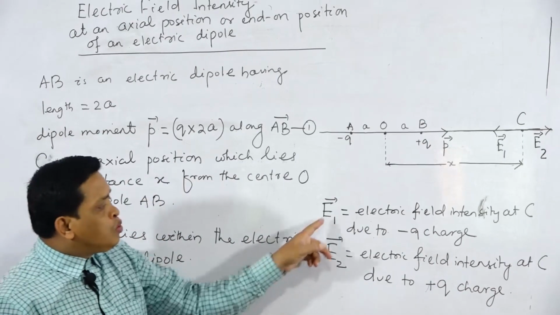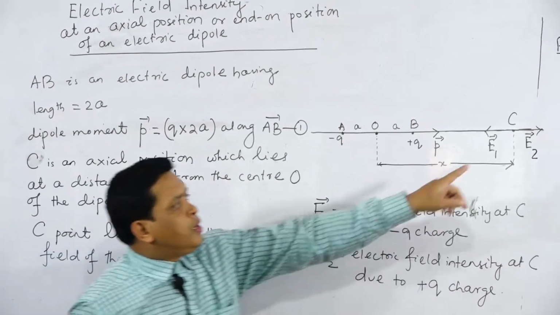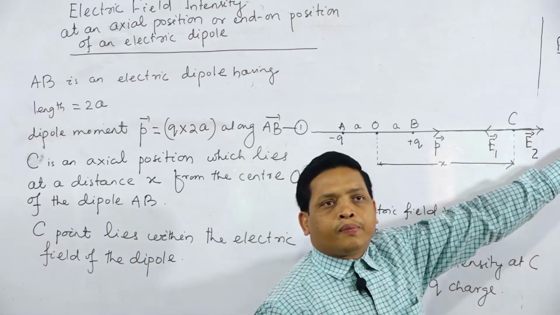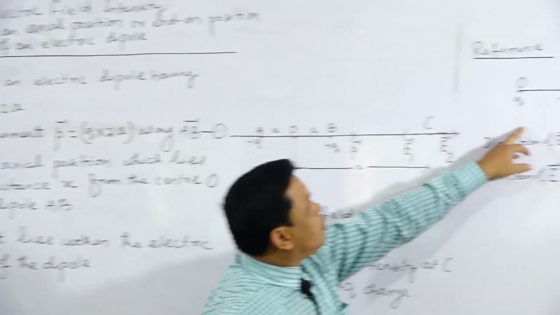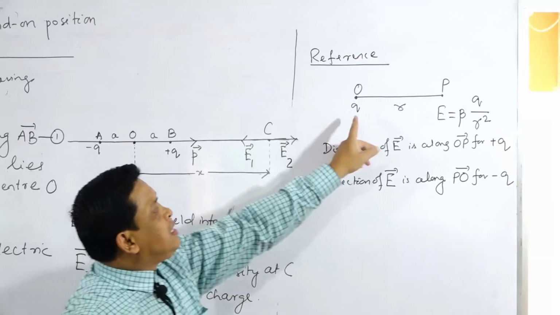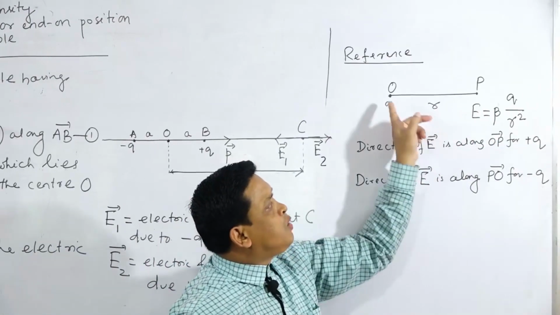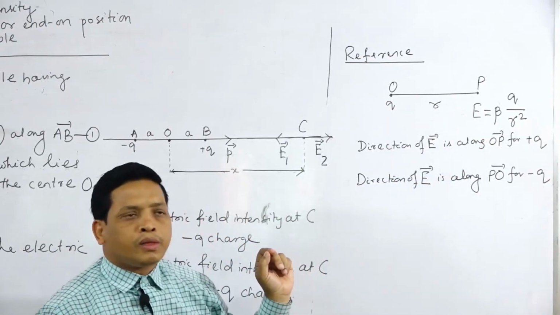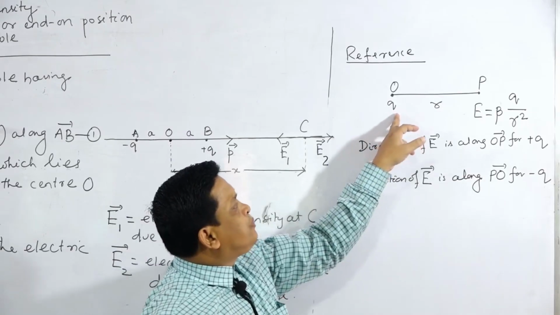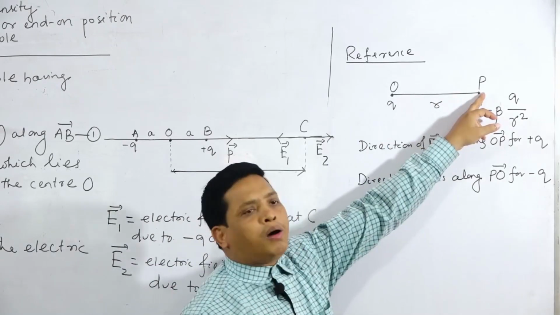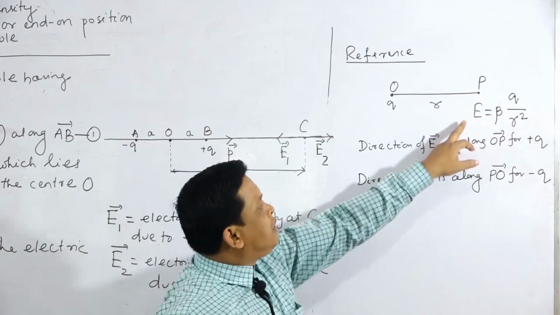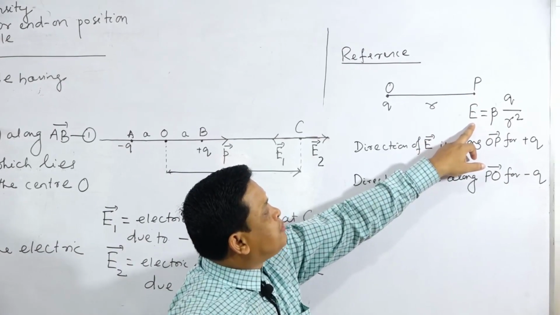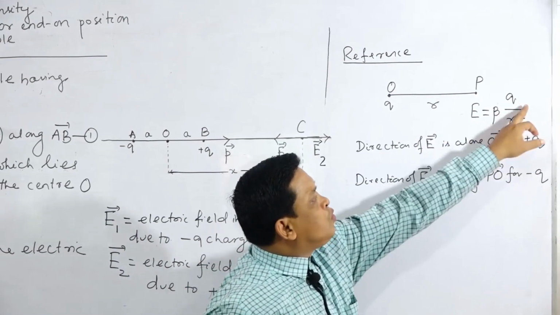Now to find out this, we have to refer to this. Remember, we have already studied electric field intensity due to a point charge. Here q is a point charge and P is the point of observation. Electric field intensity E has magnitude kq by r square.